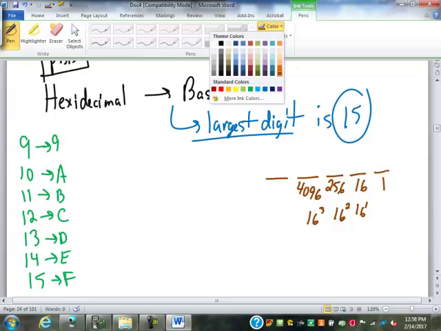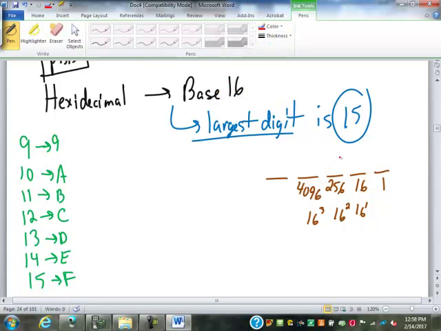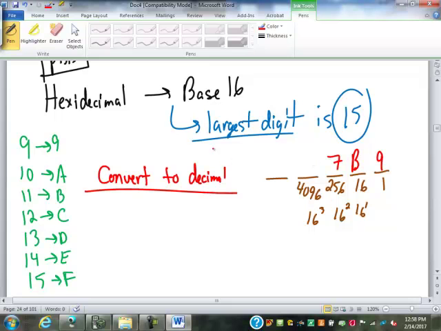So if I have a number like B9. To convert to decimal, or standard decimal notation, it's going to be 7 times what? It's in 256 place. That's 16 squared, so it's 7 times 256.